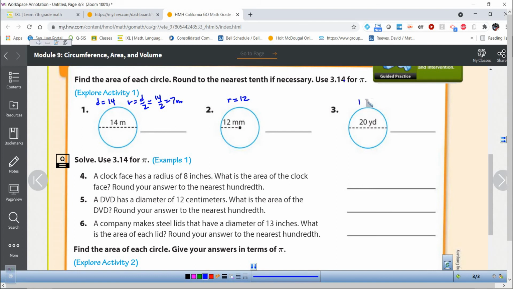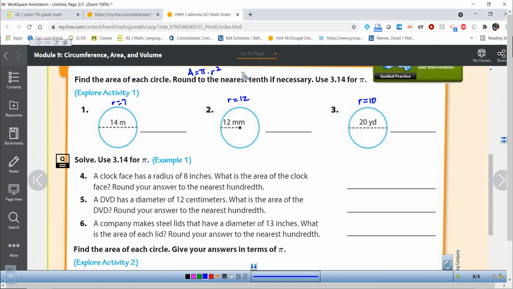And for this one, r is equal to 7. If they give you the radius, great. If they give you the diameter, find the radius before you do anything else, and then you can plug it into the same formula every time. Area is equal to pi times the radius squared.